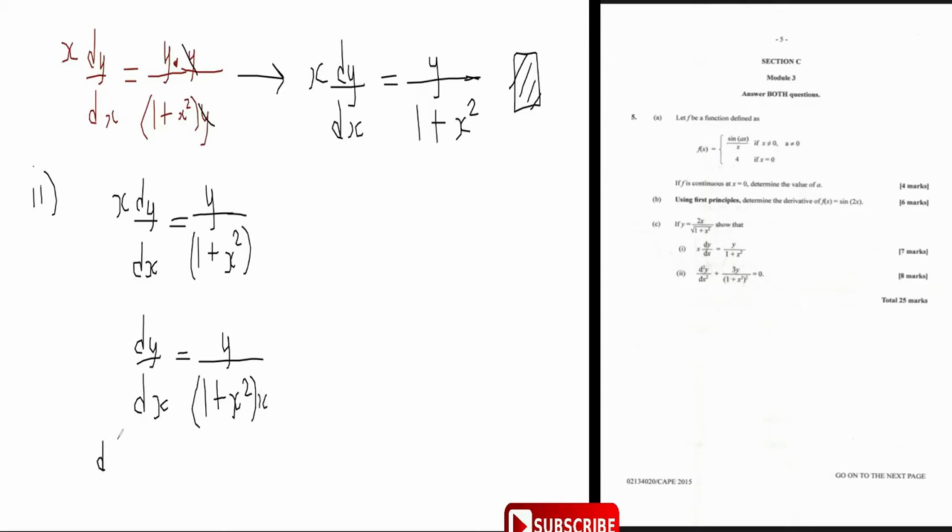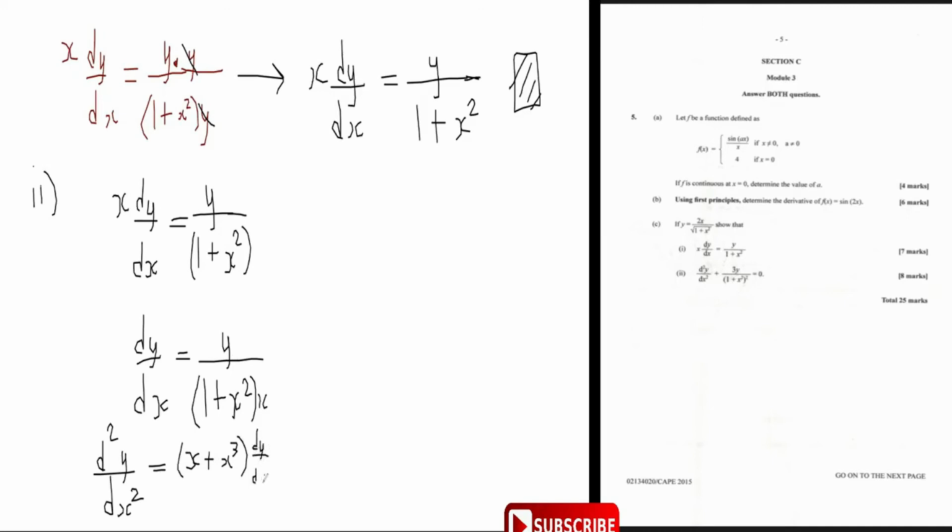The second derivative, I'm going to use quotient rule. So d2y by dx squared is equal to, start with the bottom. So the bottom is 1 plus x squared times x. In reality, that is x plus x cubed. So it starts with the bottom times the differential of the top. When you differentiate y, you get dy by dx.